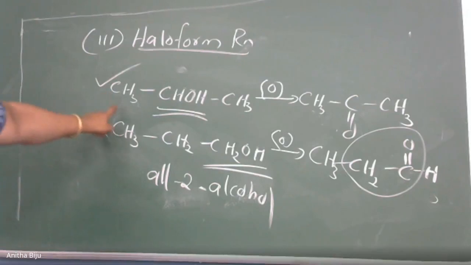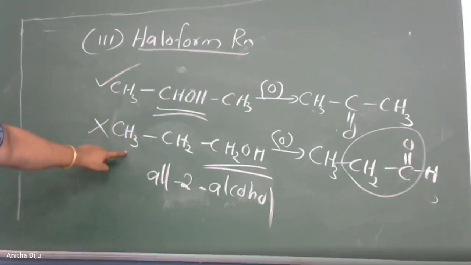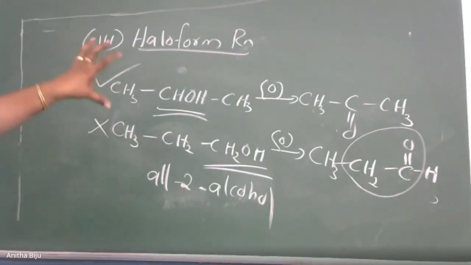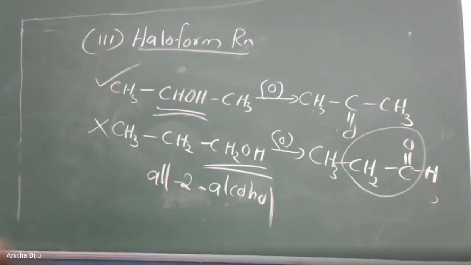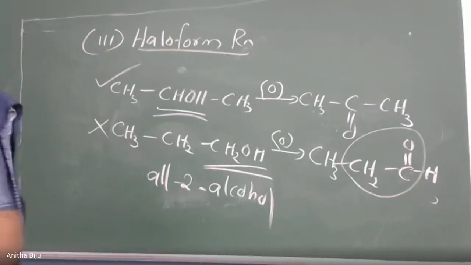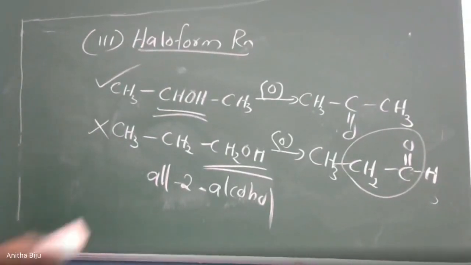Like propan-2-ol will answer the test positively, but propan-1-ol will not. So this is the information related to the haloform test, the information related to the substrate only. Now let us see what the reagent is.